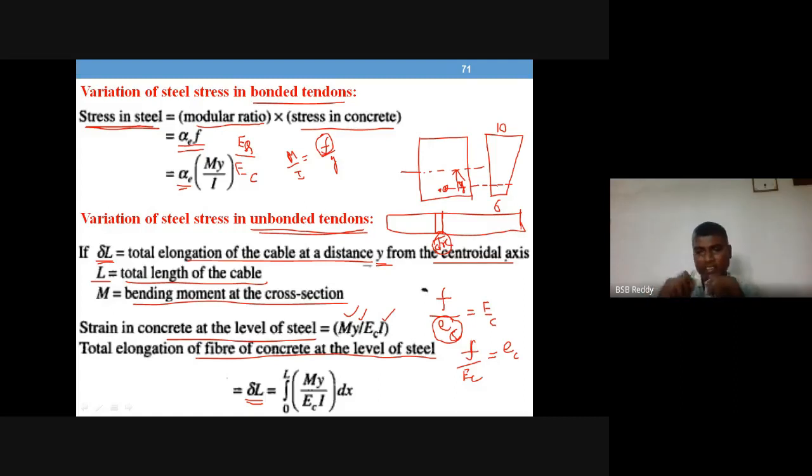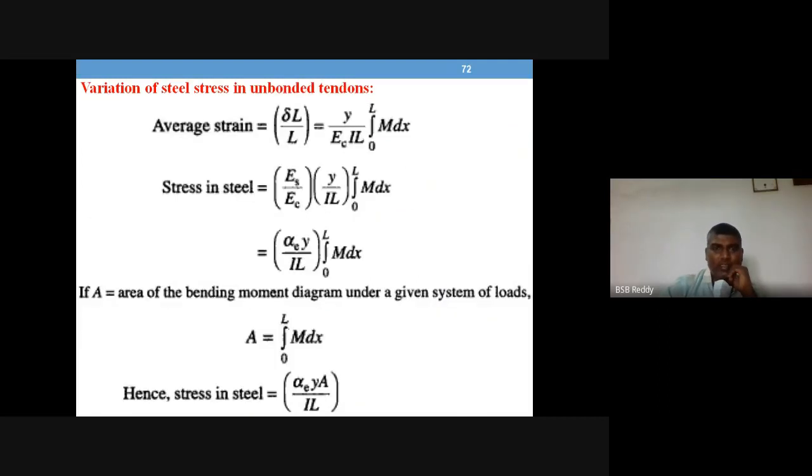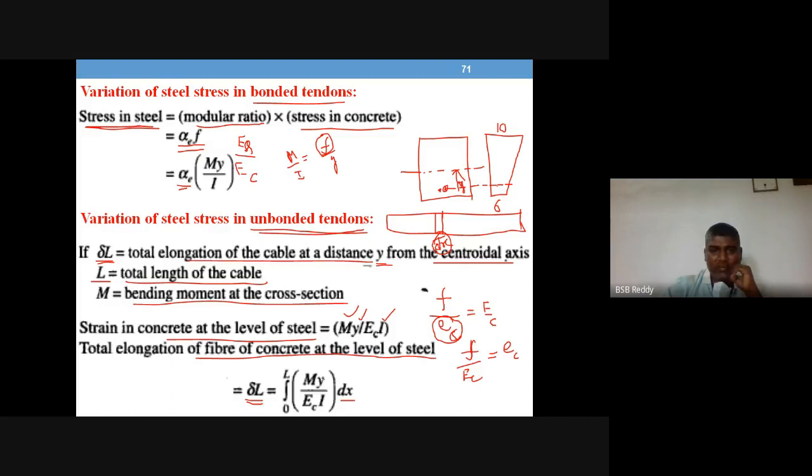For the total span, you have to integrate from 0 to L. dx is the elemental length. Now, delta L by L is the average strain, so divide this expression by L, 1 by L.